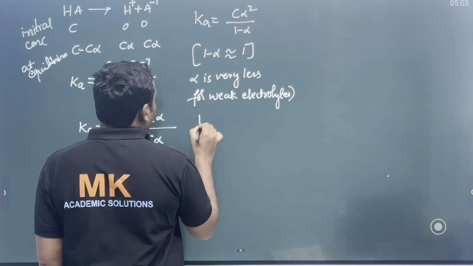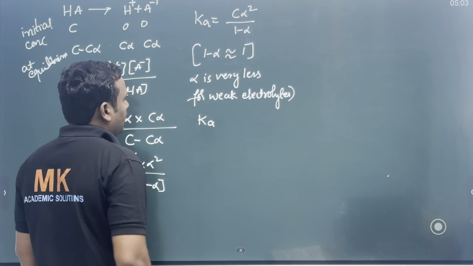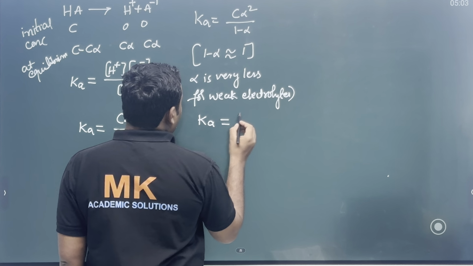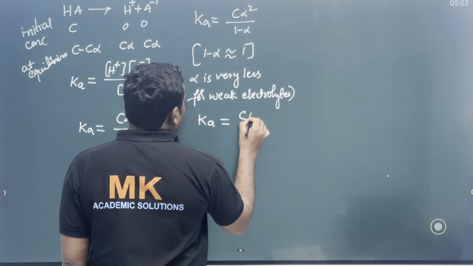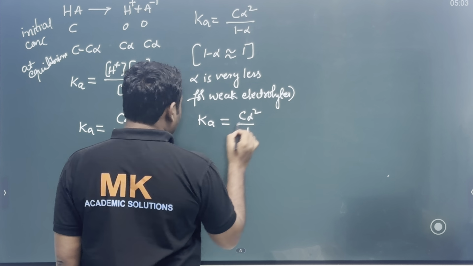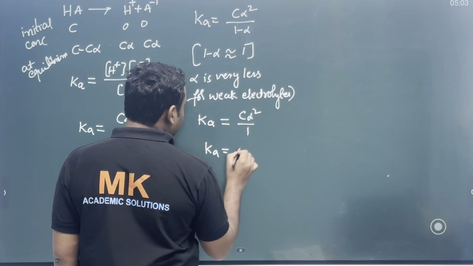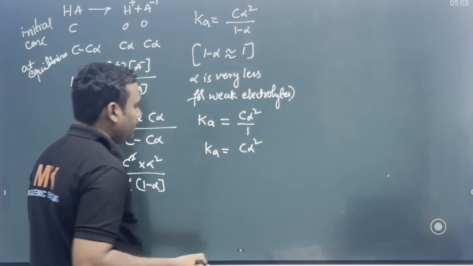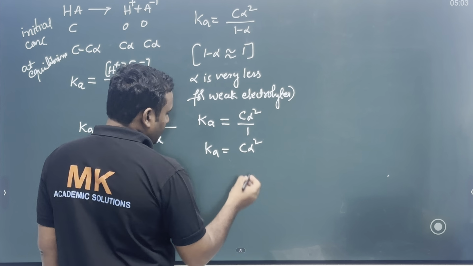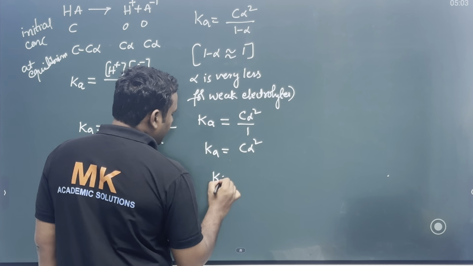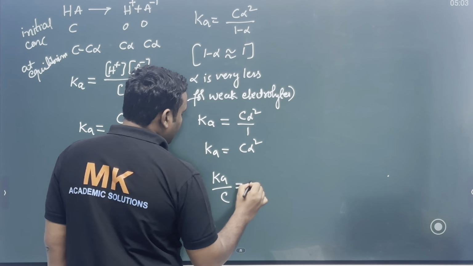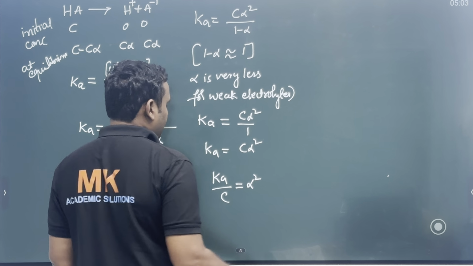Therefore, Ka is equal to C alpha square by 1, or simply Ka is equal to C alpha square. So Ka by C is equal to alpha square.